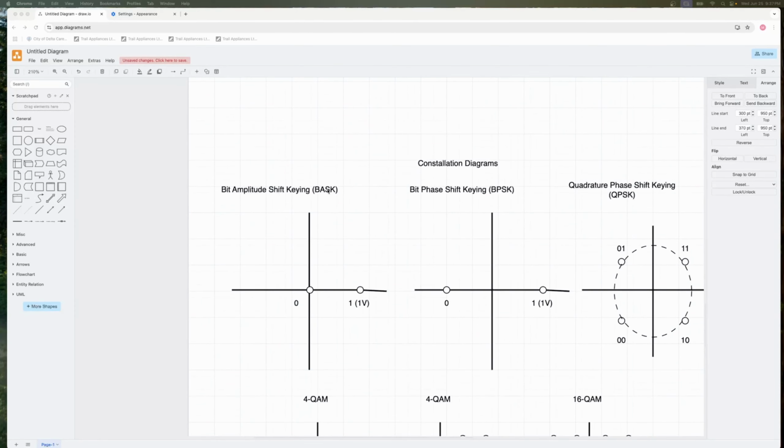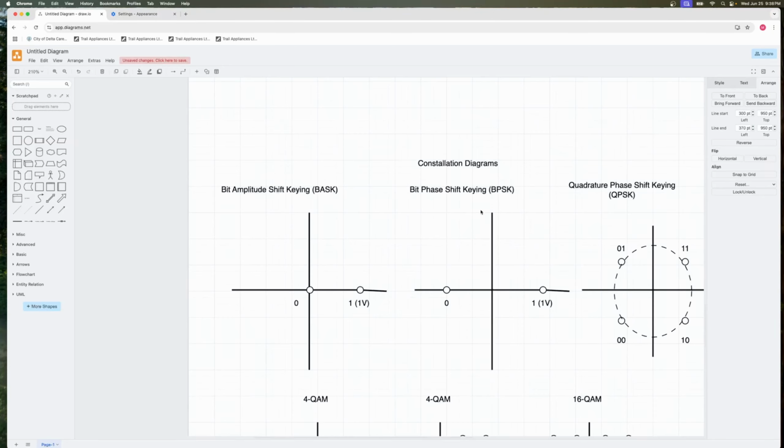So what we do is the 0 is flatline, so we stick it at the 0, 0, 0 portion of the graph, and then the amplitude we can just put it here at the 1 volt because we're going to be having some sort of amplitude to it, so it changes where this position is. And then we have the bit phase shift keying.